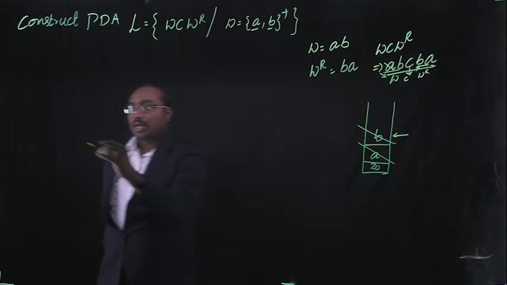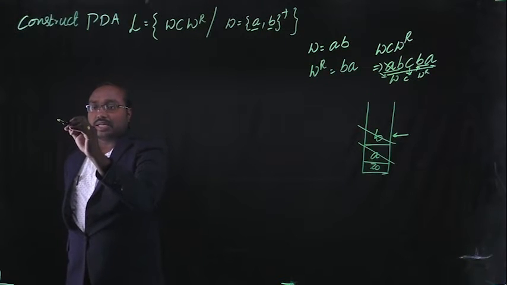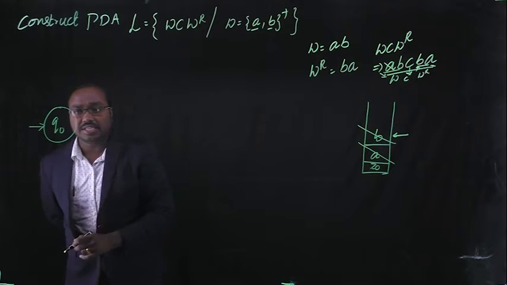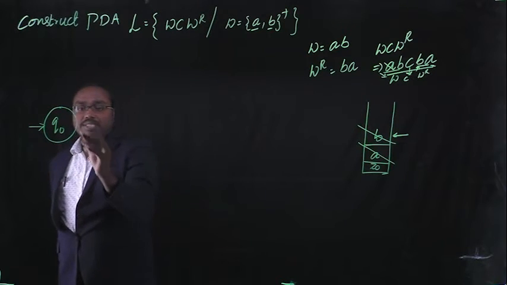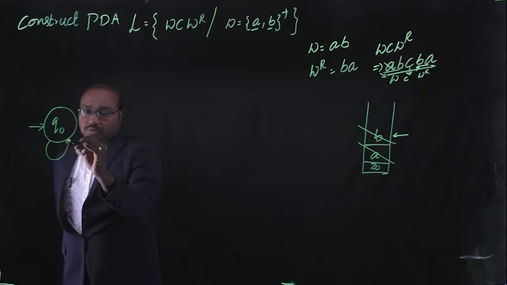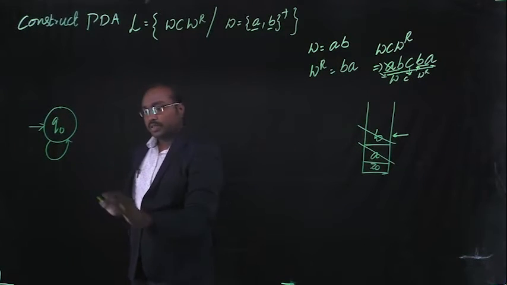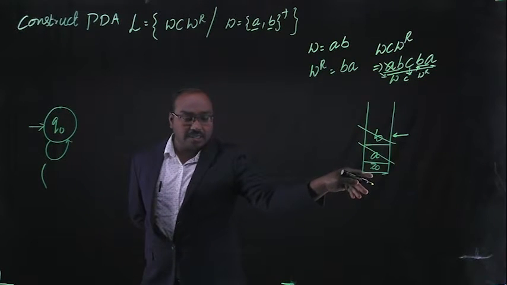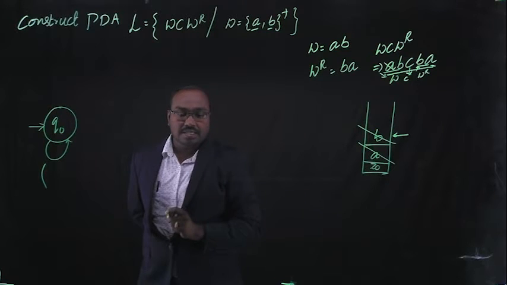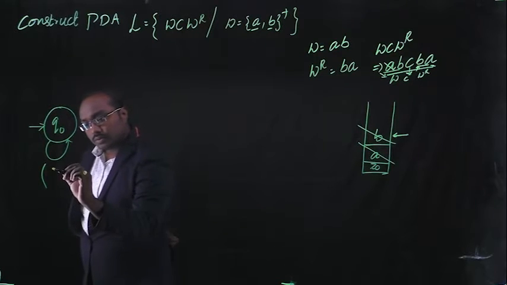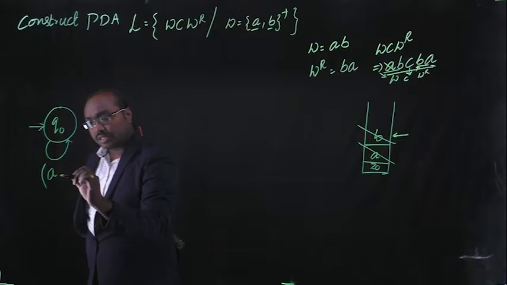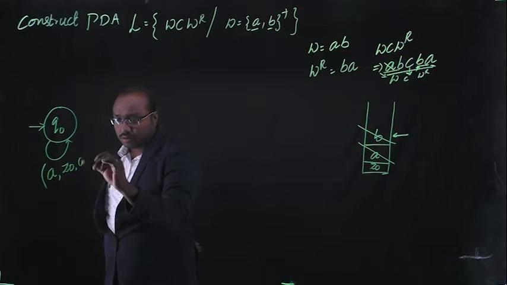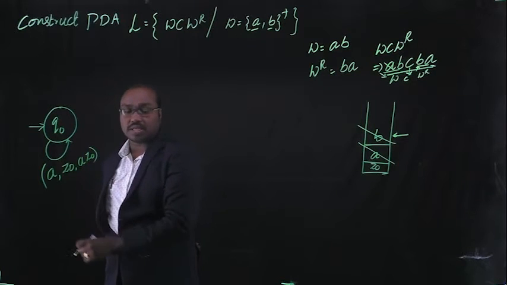Now I'm taking the initial state of the transition diagram as Q0. So this is the initial state. Let us assume Z0 is my stack's top element. Now if the input symbol is A and the stack's top is Z0, then you have to push that element into the stack.